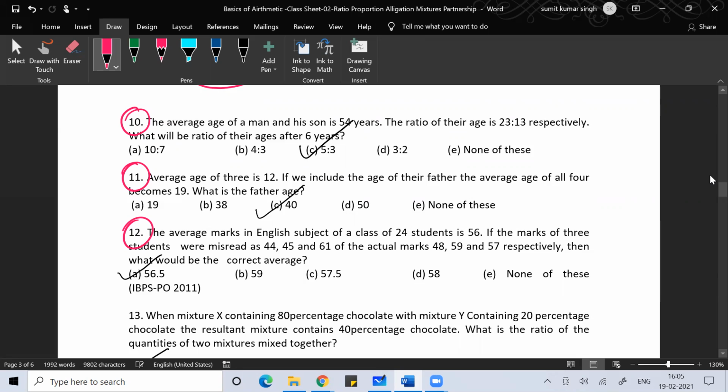In finance you study Sharpe ratio, Treynor ratio, Jensen alpha. Whether finance or aptitude, ratio is all about establishing the relation between two variables, where one unit change in one variable brings how much change in another. So please try questions 10, 11, 12, everyone.